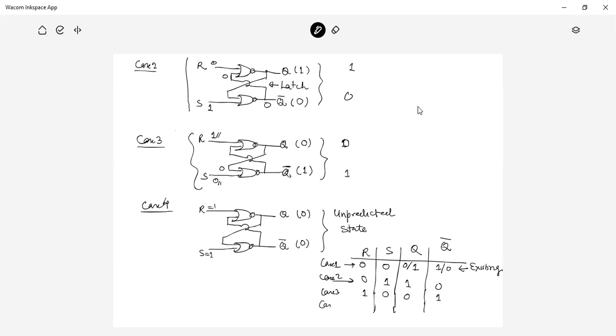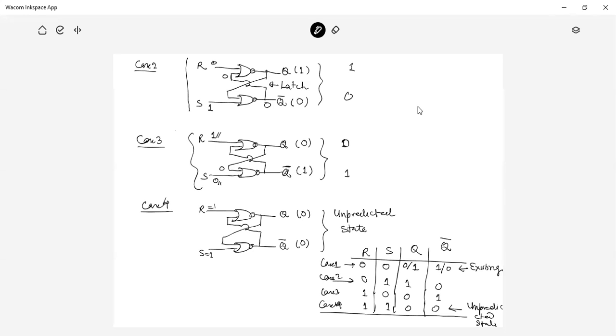And case number 4 is 1 and 1. If both the inputs are 1, the output will always be 0. So what does this case indicate? This case indicates the unpredicted state.